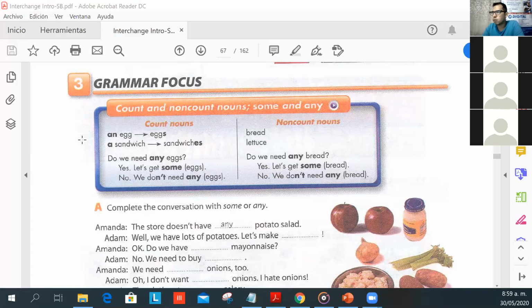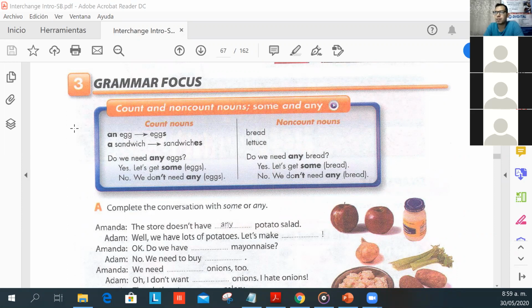Anything you can make plural, you can count. A sandwich, you can have 1 sandwich, 2 sandwiches, 3 sandwiches. And then there are some other rules for making plurals. And we have non-count nouns, which are words we cannot make plural.